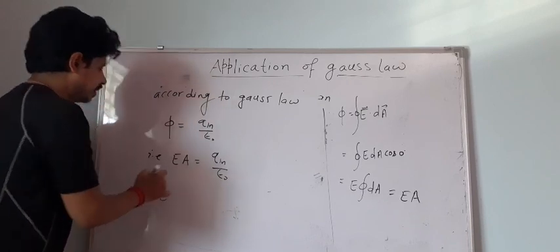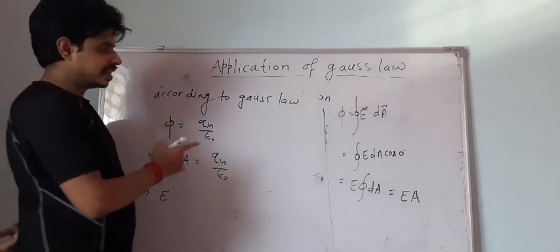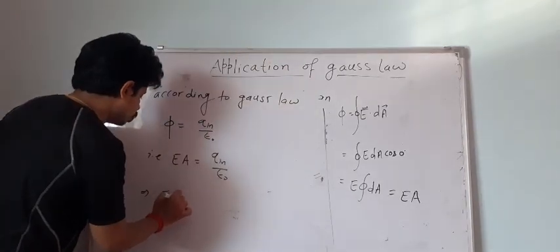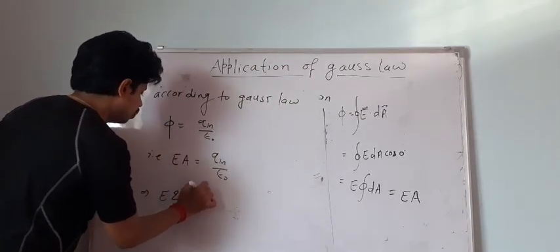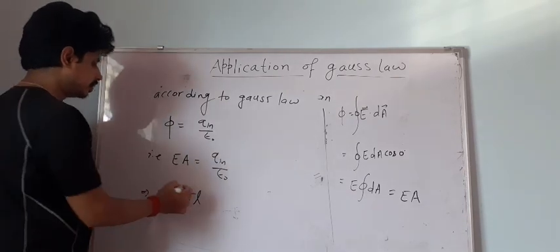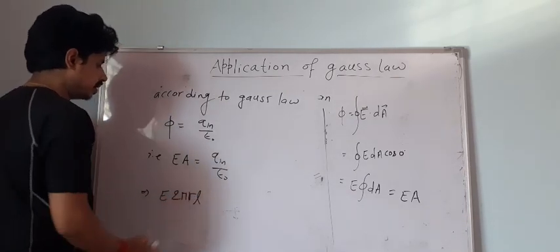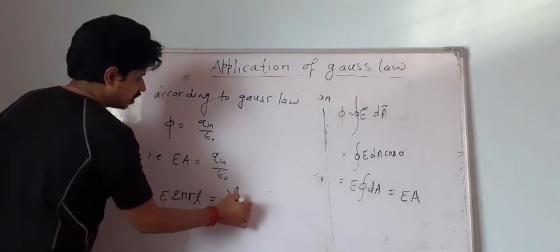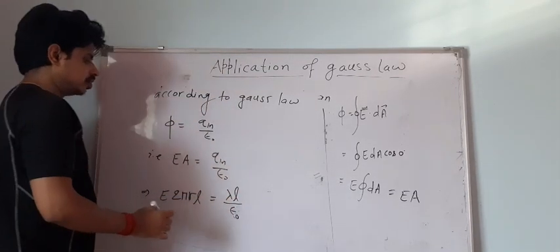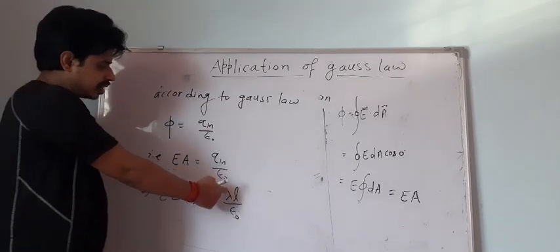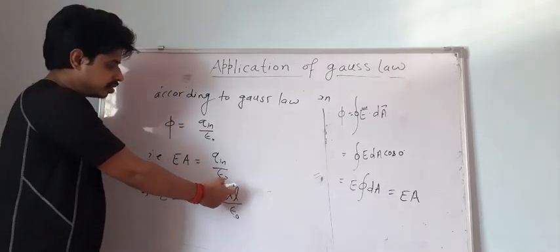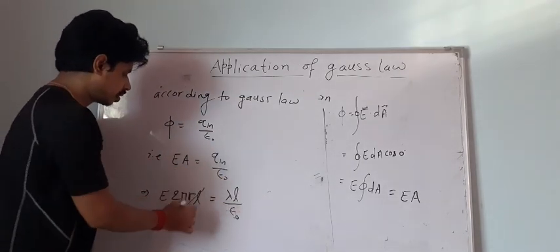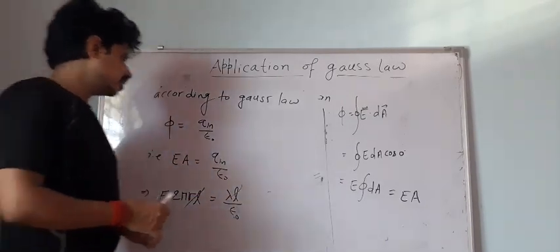This implies E into area. How much is the area? Curved surface area is 2 pi r into L, perimeter into height. 2 pi r L, and Q is equal to lambda L by epsilon 0. Lambda is the charge per unit length, so multiplying by the length it will give the total charge. Lambda L cancelled out.